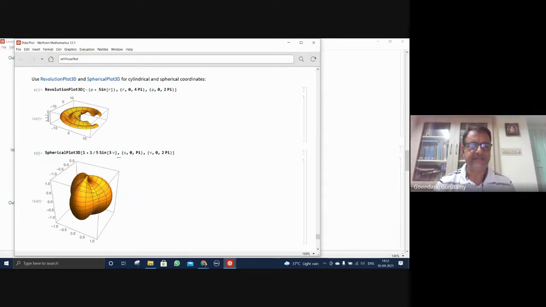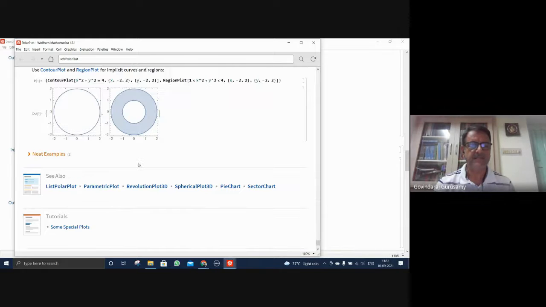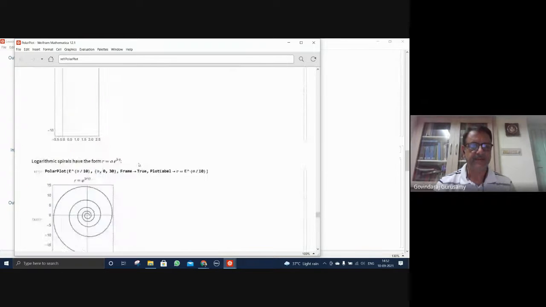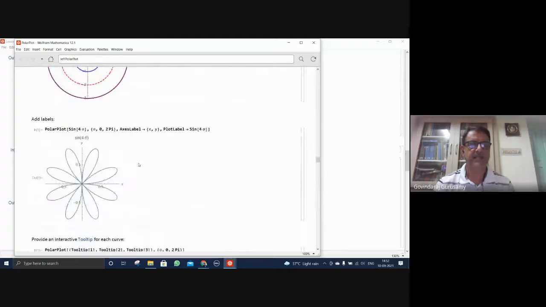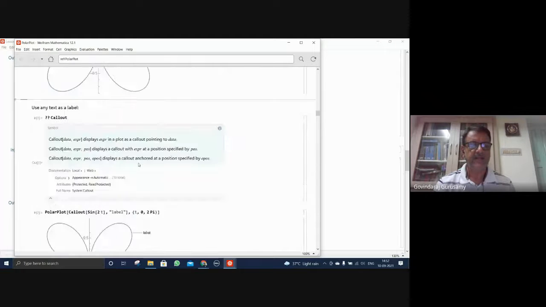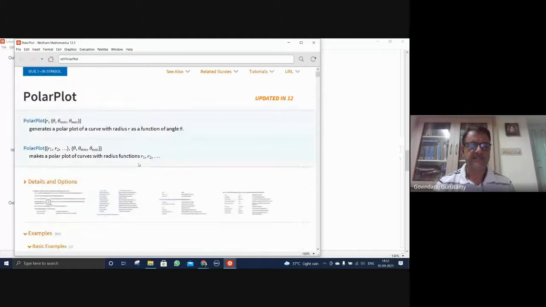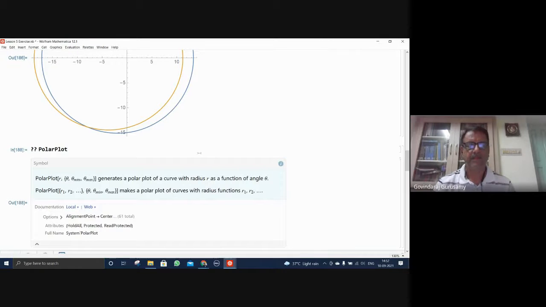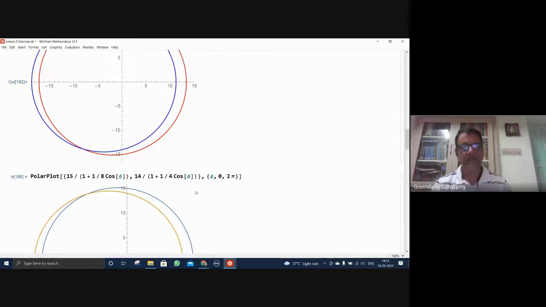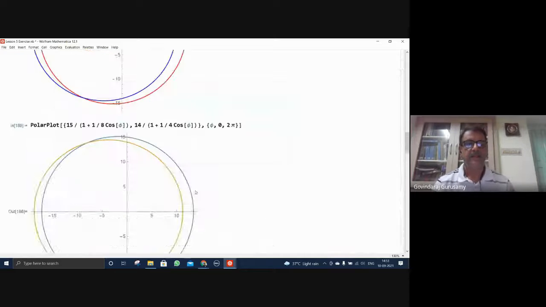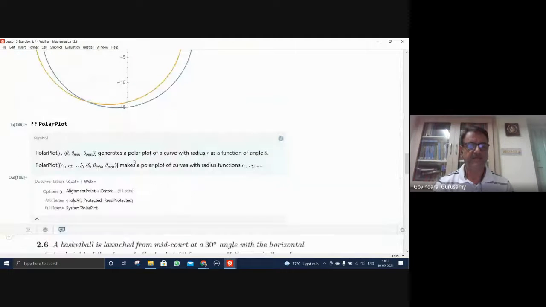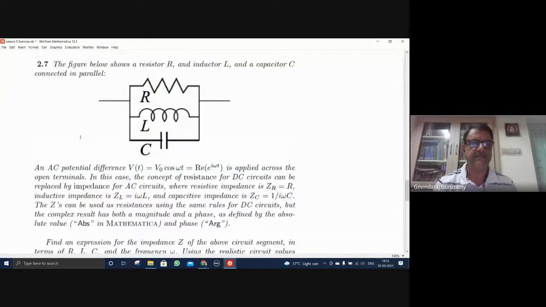Spherical plot 3D. Additional things which are not of interest immediately. But you can see the number of options that are available under the polar plots. So this will be definitely useful at a later stage for us whenever we have a polar complex. Okay. So I hope this is clear now. Connected to these activities, I will leave it, polar parts of the area. You can take it now.